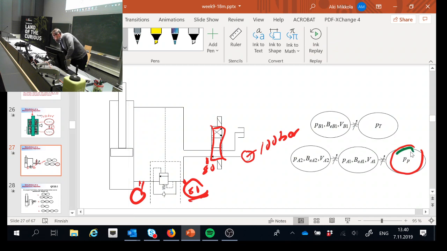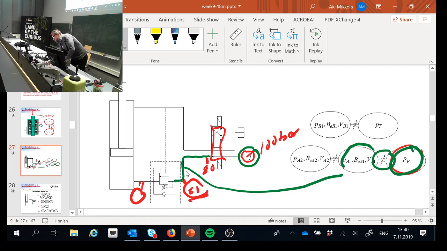Okay, we have first the pressure source. That's the one here. Then we have a throttle, that is an adjustable throttle. That's the definition of, or in real life, the direction valve. Then I have this pressure, which is associated to this pipeline or hose line, the one where I can assume pressure to be equally distributed.